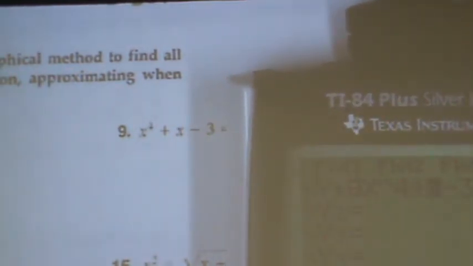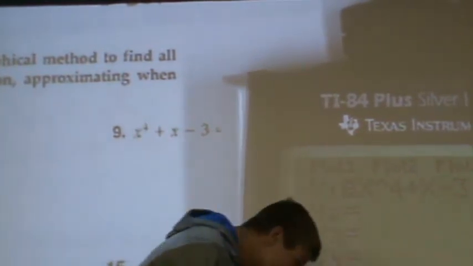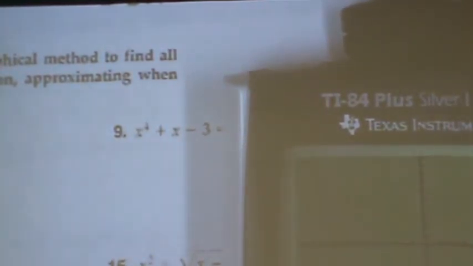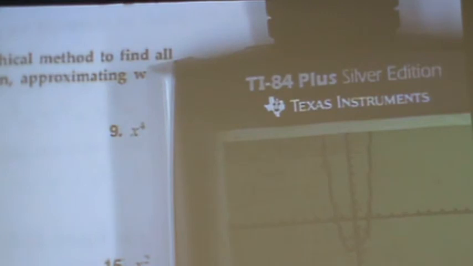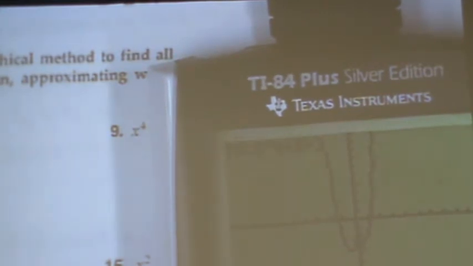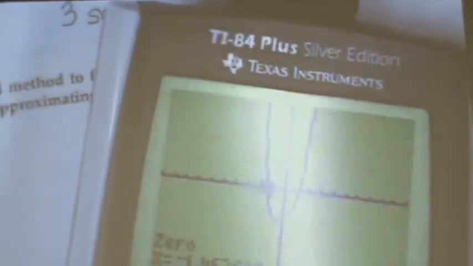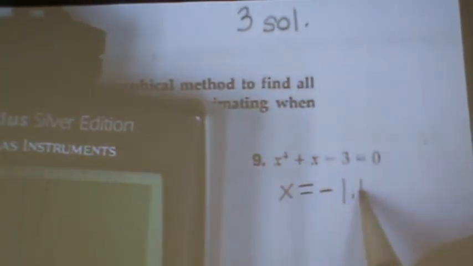I typed my question wrong. There you go, there's two answers. It's second calc, 0, and my bounds for the first, always go left to right. So -2, enter, -1, enter, enter. And I got -1.45. Did you get that? How about the second one?